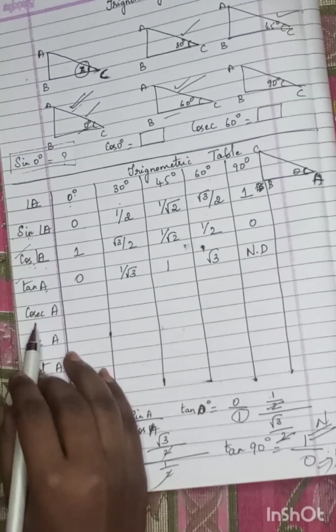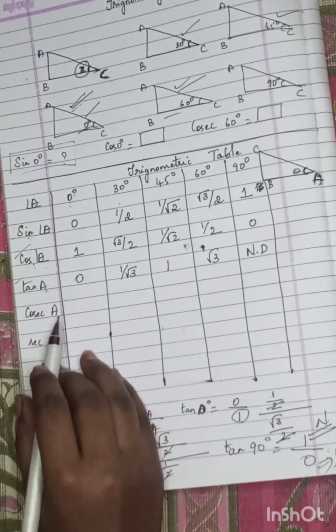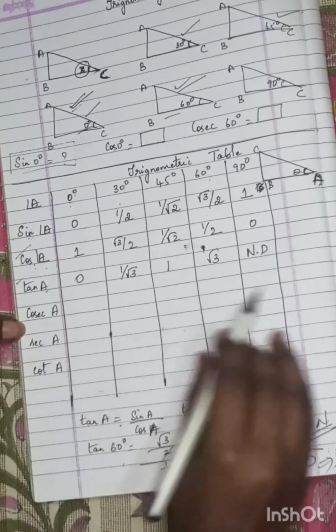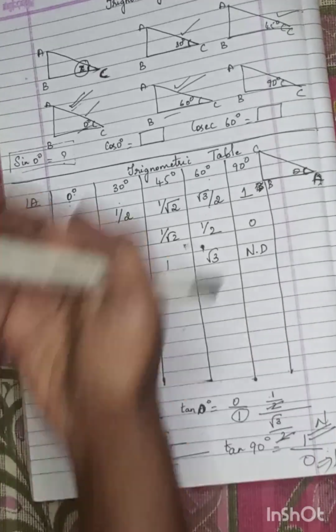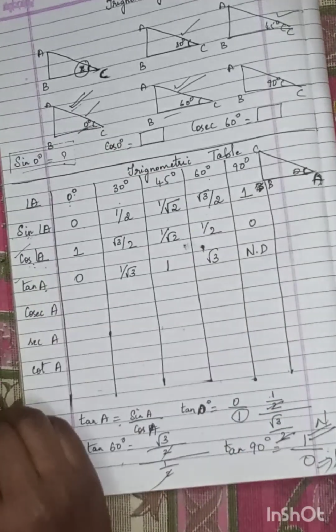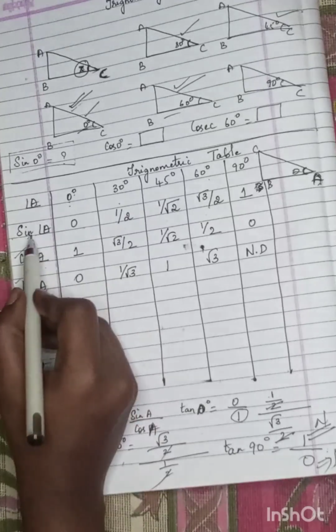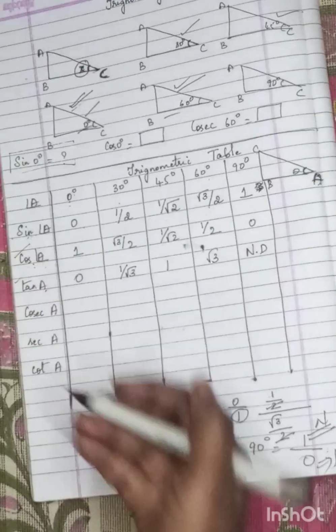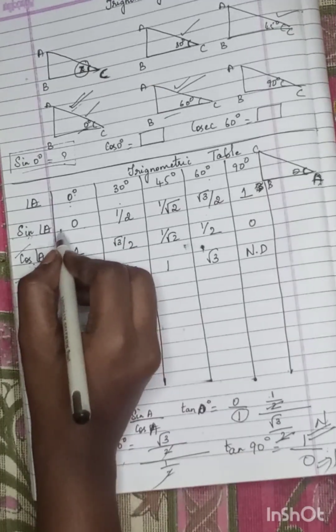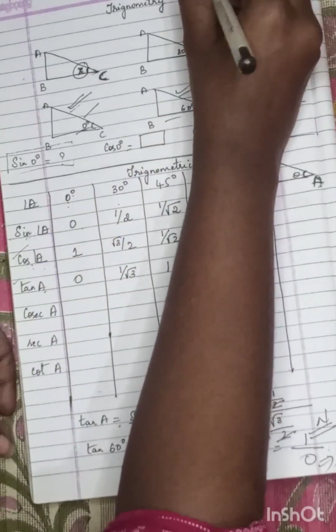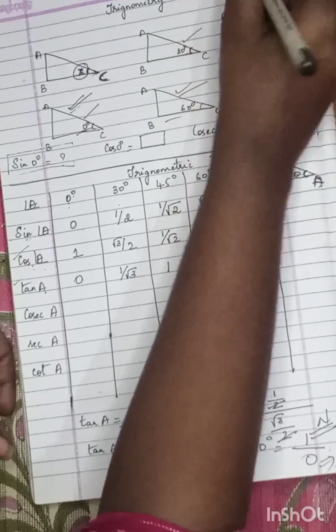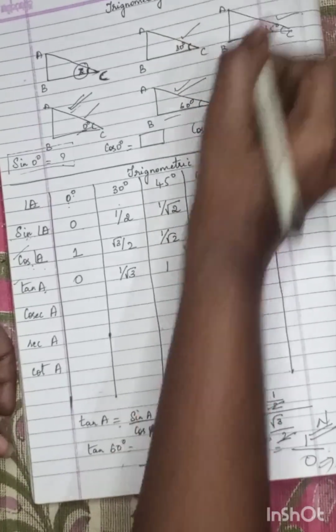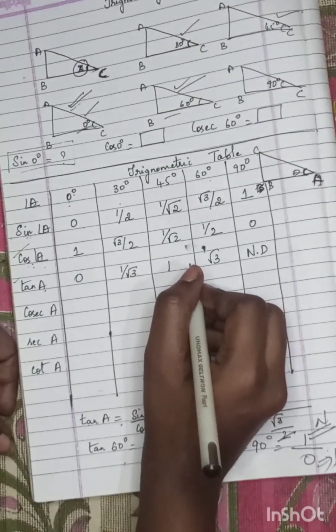So, now let's move on to cosecant theta. Cosecant theta values can be written as reciprocal of sin theta values. Now, sin 0 degree is 0, which means down in the denominator we have 1.